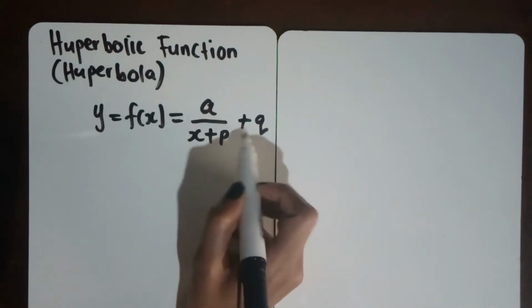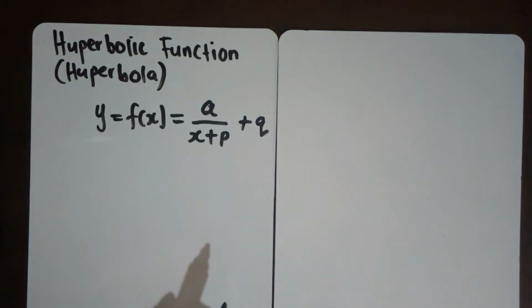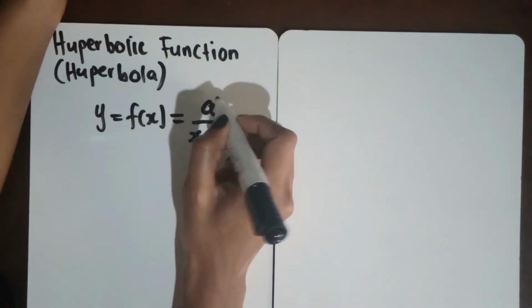So a, p, and q are constants, and x and y are your variables, right? So you can just try to describe what they are.